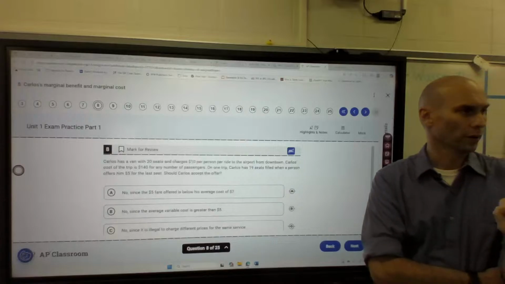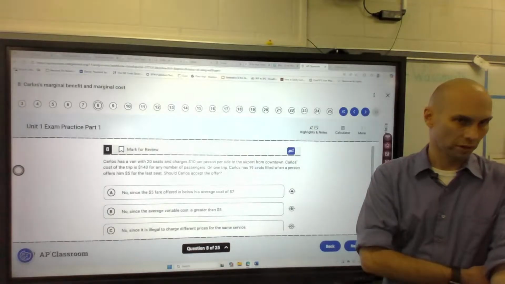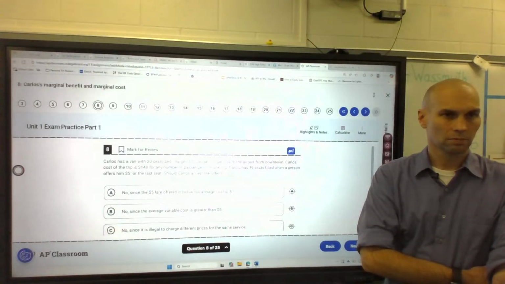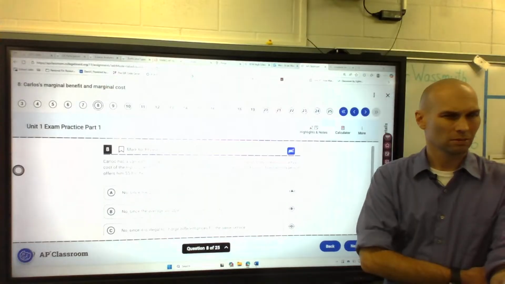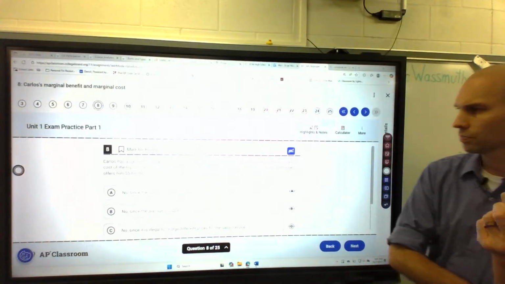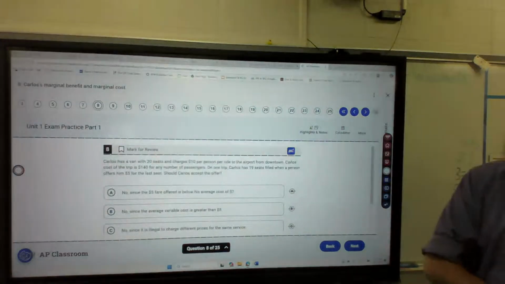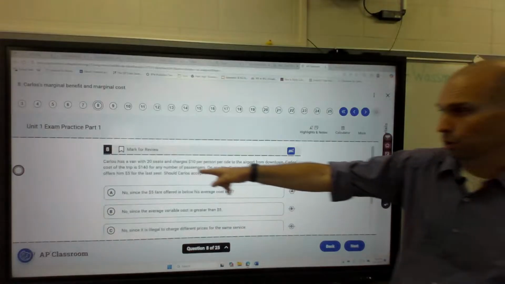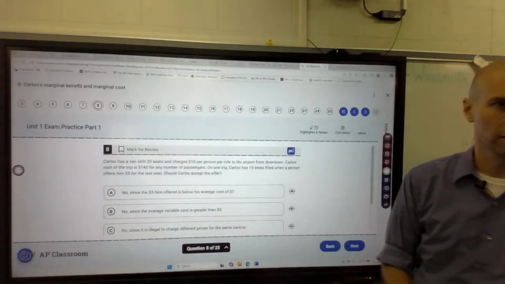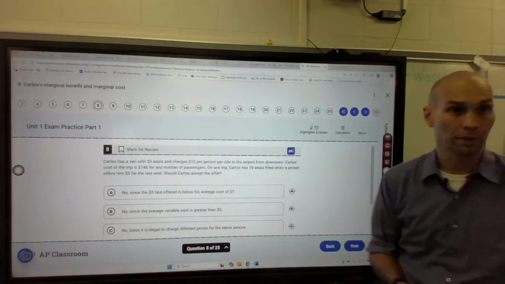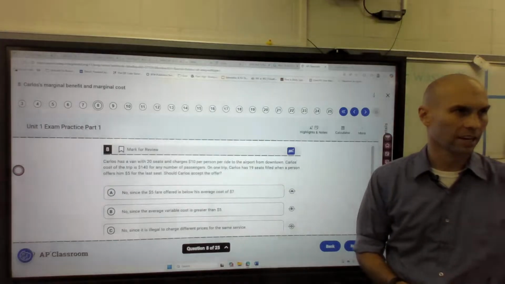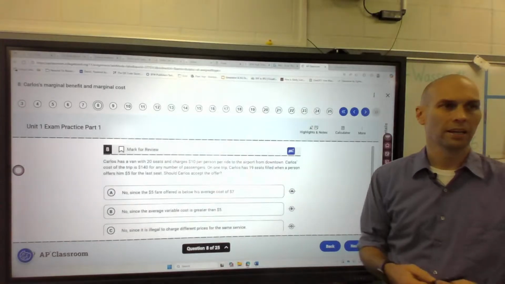So is he going to do it? Yeah. We're past the shutdown point, right? Is 140 a lump sum cost? Yes, it already, no matter how many, for any number of passengers. So is that a lump sum cost or not? Yes, that'd be a fixed cost. You guys got it?